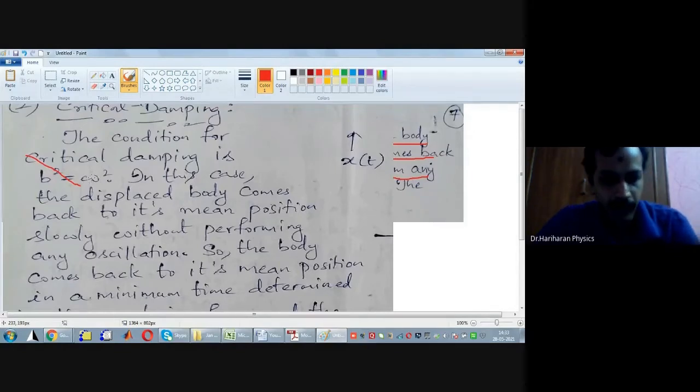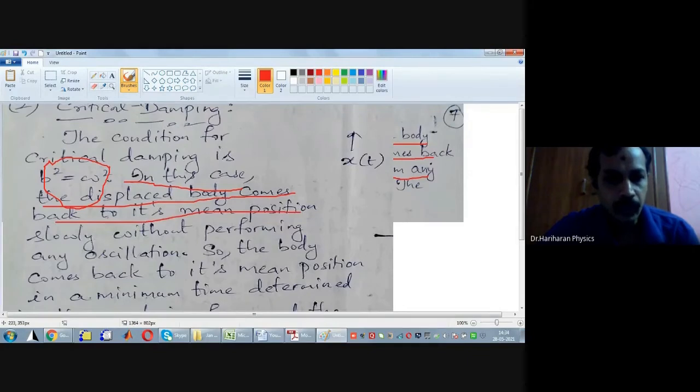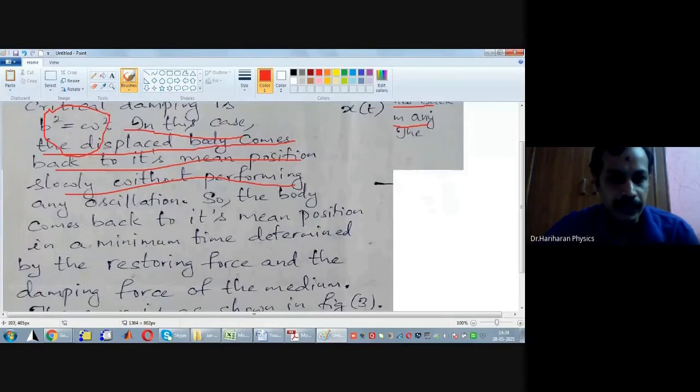B square should be equal to omega square. So what happens in this case? The displaced body will come back to its mean position slowly without performing any oscillations.